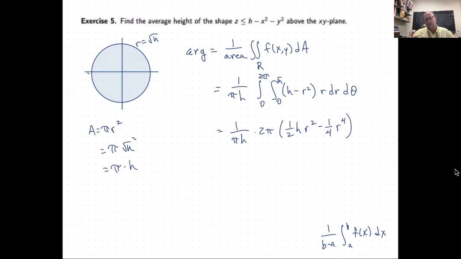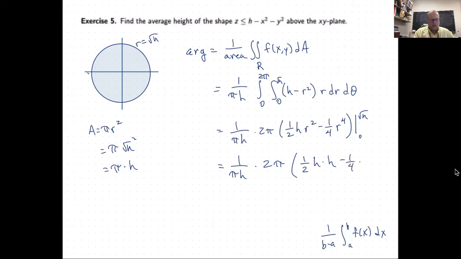That's because the r squared times that r is going to be r cubed, and you're integrating it and getting the power to go up by 1. We're going to plug in 0 and the square root of h, and we will do what we can here for simplification. I'm going to leave my canceling off till the end because it kind of all falls out at once. And so it's kind of nice. So when you plug in square root of h to r squared, you'll get just h, minus 1/4.